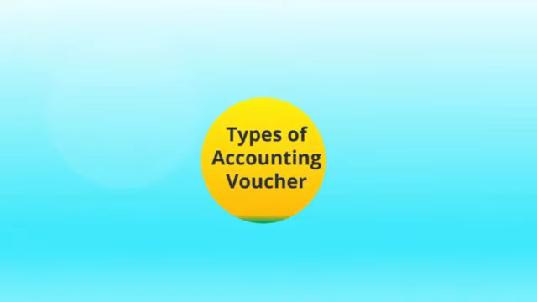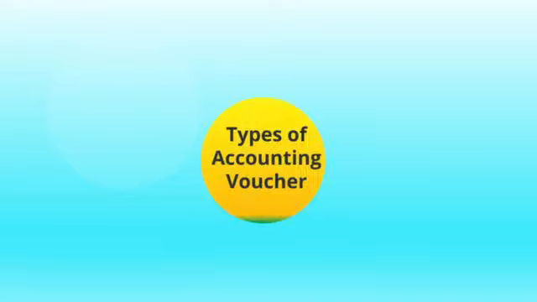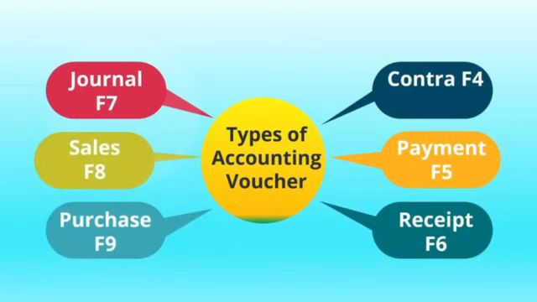Now let us understand some types of accounting vouchers. A voucher is a document that contains details of the financial transaction. For every transaction, the correct and appropriate voucher can be selected. Tally provides ready-made vouchers such as contra, payment, receipt, journal, sales and purchase.